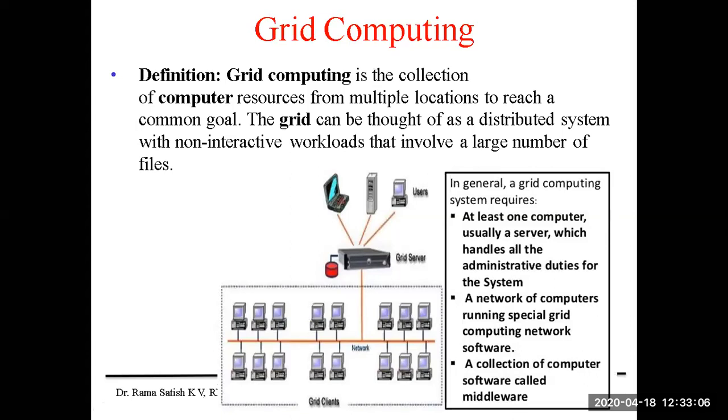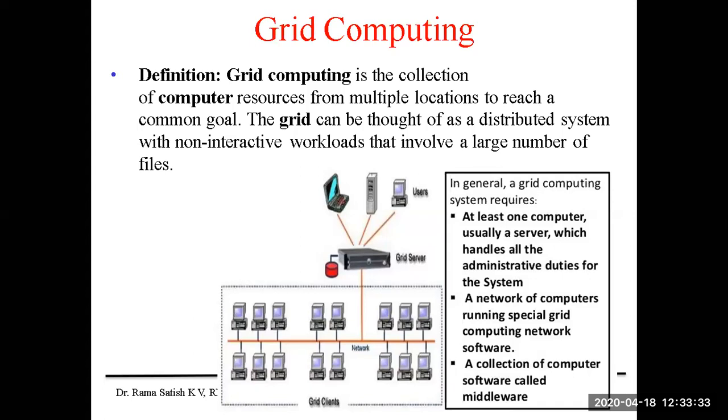Grid computing is a collection of computer resources from multiple locations to reach a common goal. A grid can be thought of as a distributed system with non-interactive workloads. Whatever workload you assign to each computer in the grid will not interact with each other.